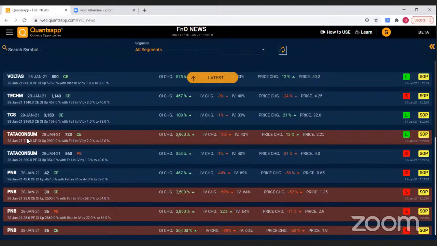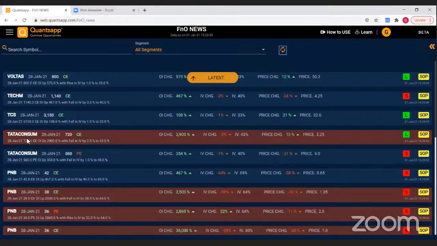For the whole day, I want to see in which stock there's lots of movement. We can't really track all of the stocks. We can't really track the strikes, particularly of all the FNO segment.